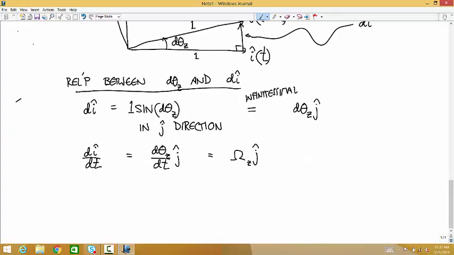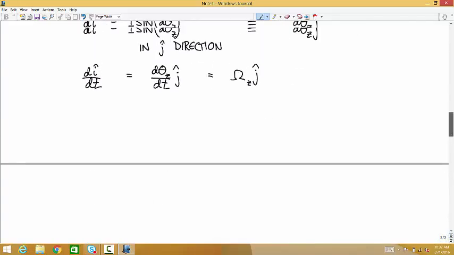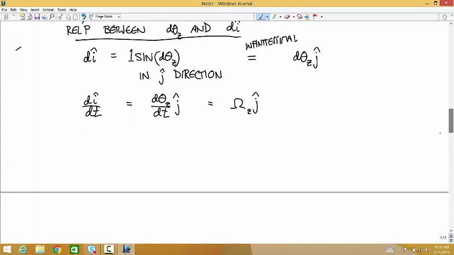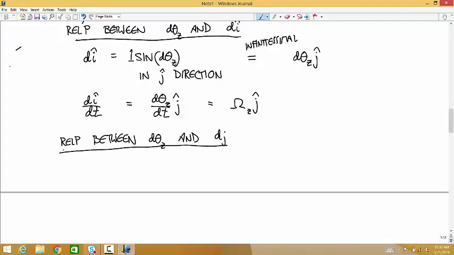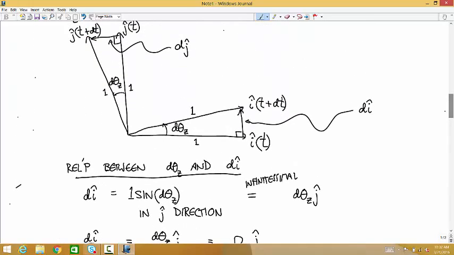And now let's do the same thing for the relationship between d theta z and dj. This is the vector dj.